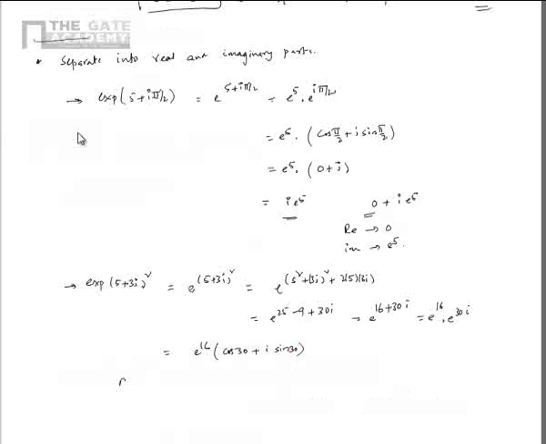So the real part is e power 16 cos 30, and the imaginary part, which is attached to i, is e power 16 sin 30. So basically all these things can be simplified. The exponential of a complex number can also be expressed in just a plus ib form, real and imaginary form.